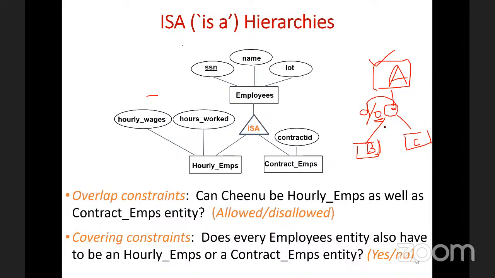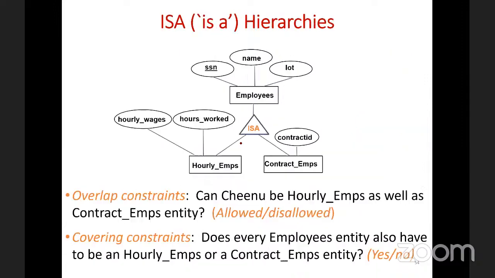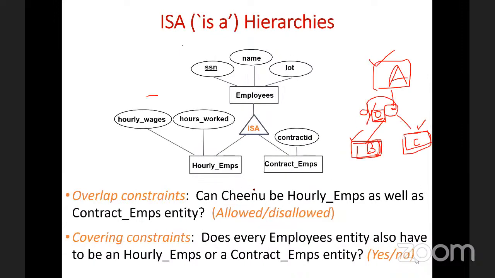So what is happening when we say disjoint is that if some entity is participating in B, then it cannot participate in C. But overlapping means that some entity might belong to class B as well as class C, right? Overlapping. Okay. So what does it mean when we say overlapping?